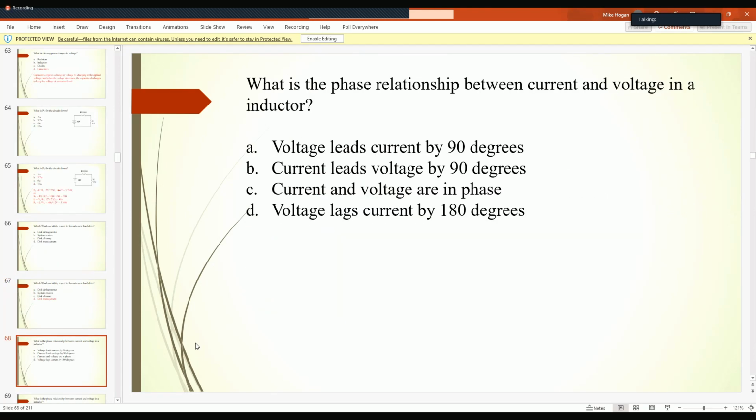What's the phase relationship between current and voltage in an inductor? Remember when we got to inductors and capacitors, we said there was a phase shift and one leads the other. We had a saying to remember that. Anybody remember the saying?